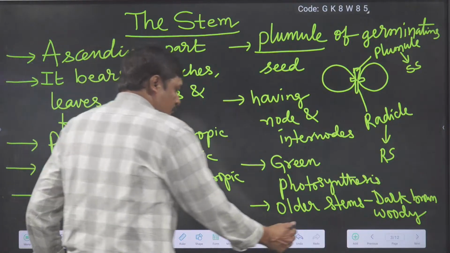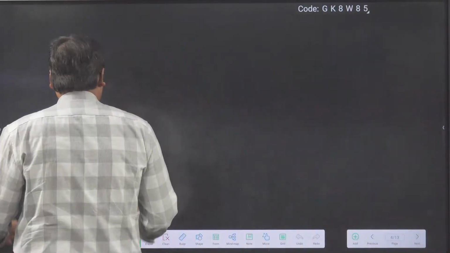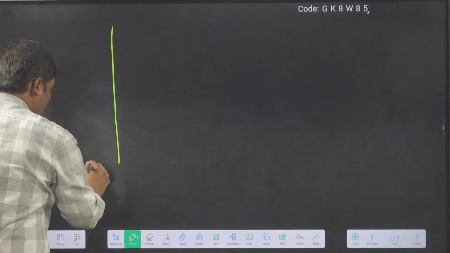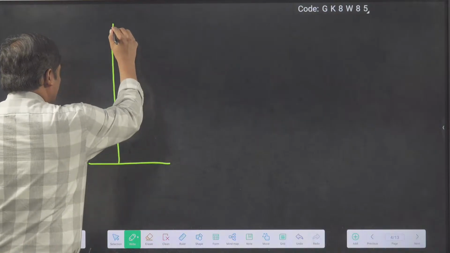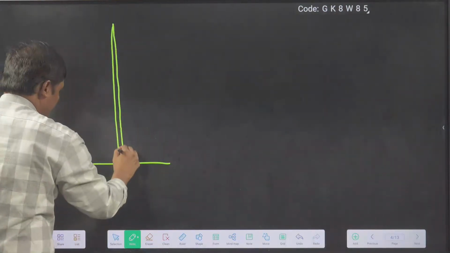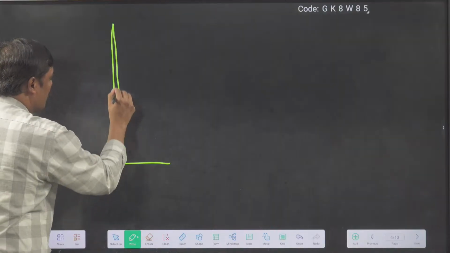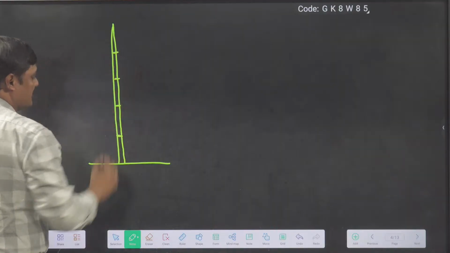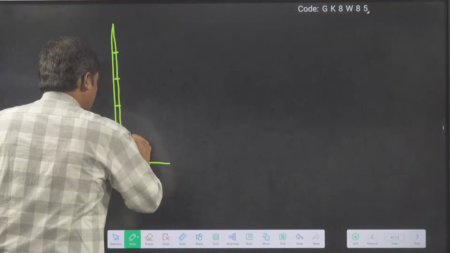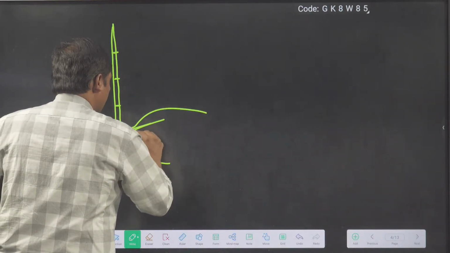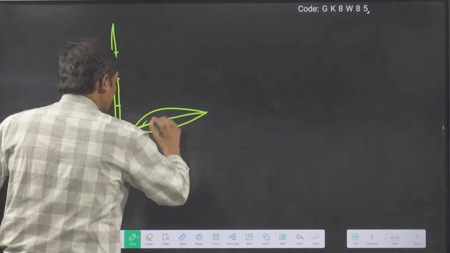And I told you already that, think that this is the stem, okay? And the stem is divisible into nodes and internodes like this. At each node, a leaf arises like this.